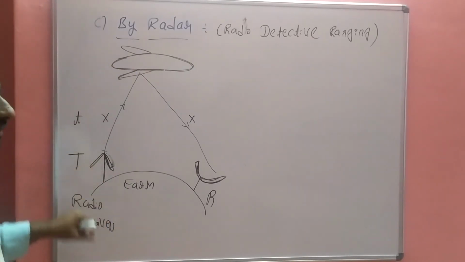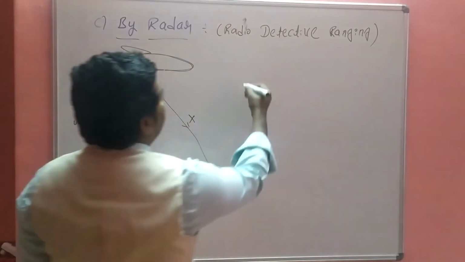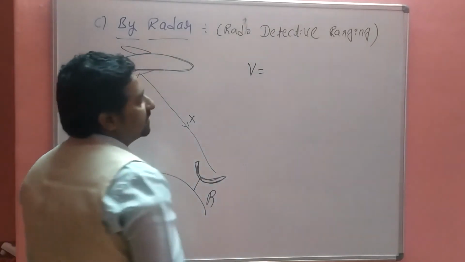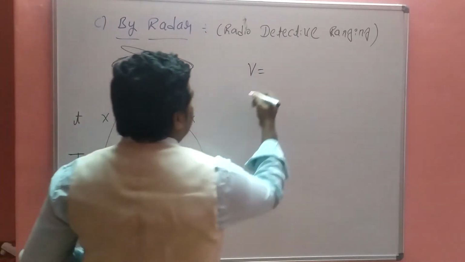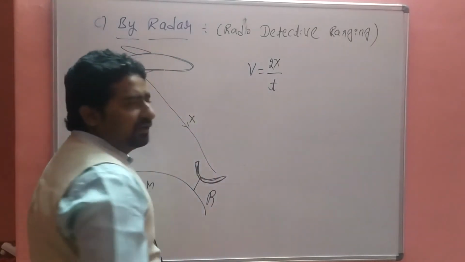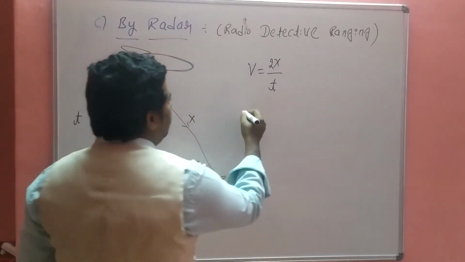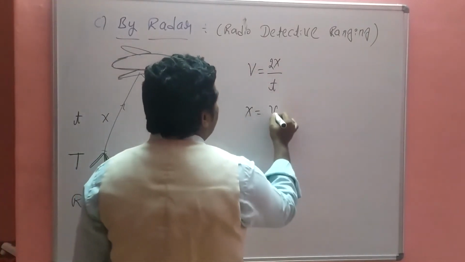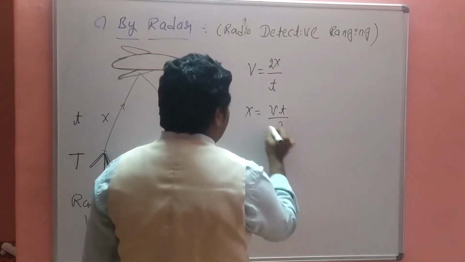Then the speed of the radio waves is v. The same formula: speed v is equal to distance, which is 2x, divided by time. So then x is equal to vt divided by 2.